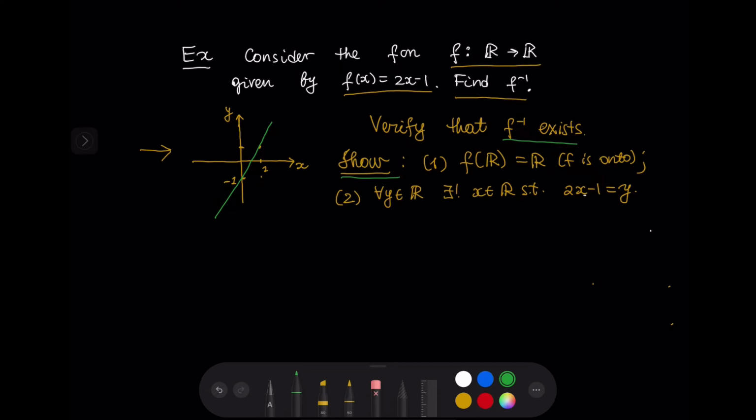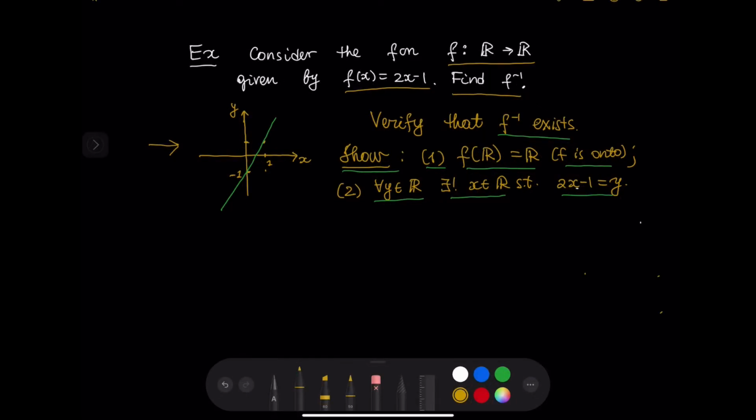The first condition is that f of R is equal to R, so we want to show that the function f is onto. And the second condition is that whenever we take y in the codomain, there exists a unique real number x such that 2x minus 1 is equal to y. We are going to show both conditions at the same time.